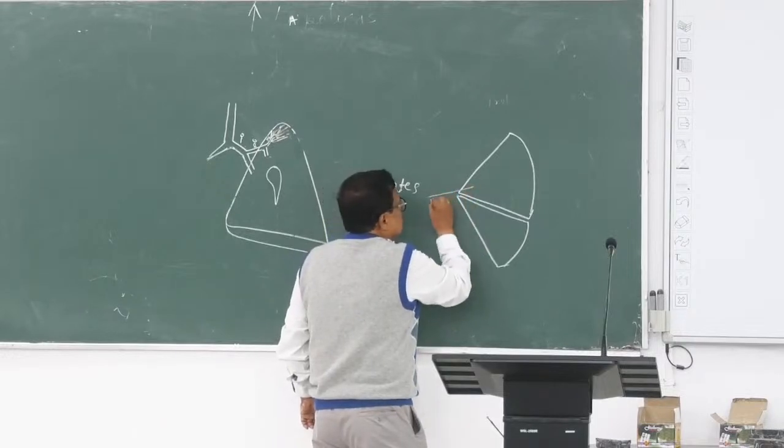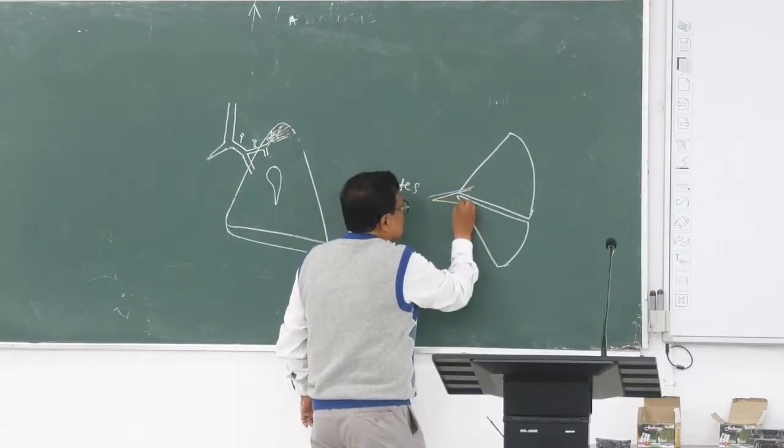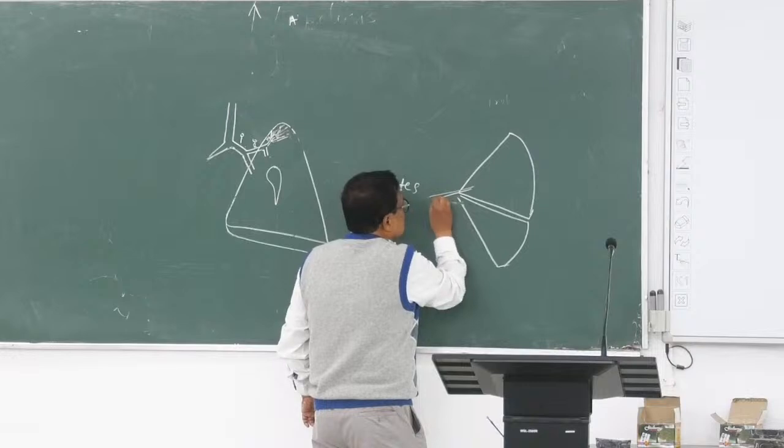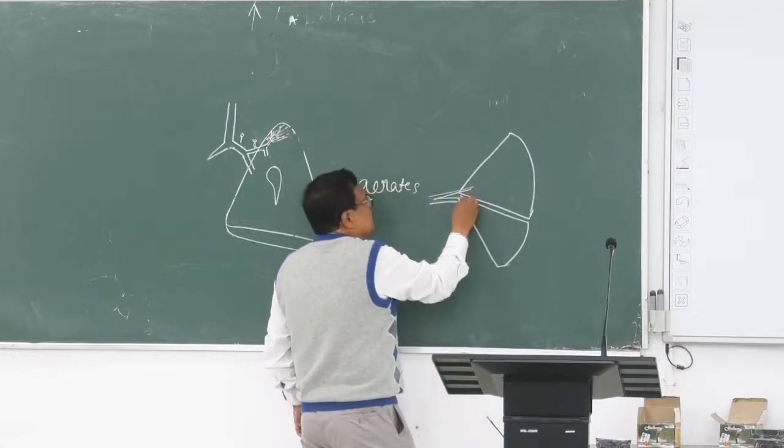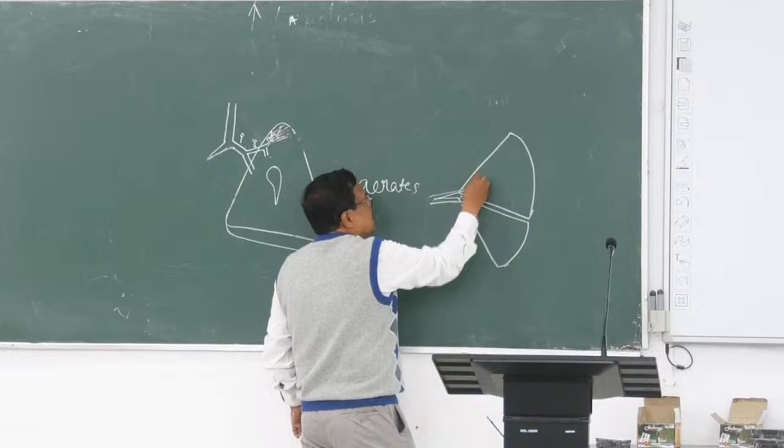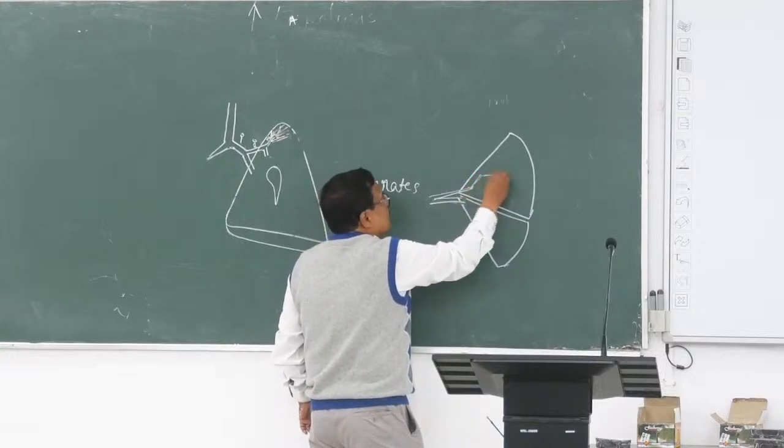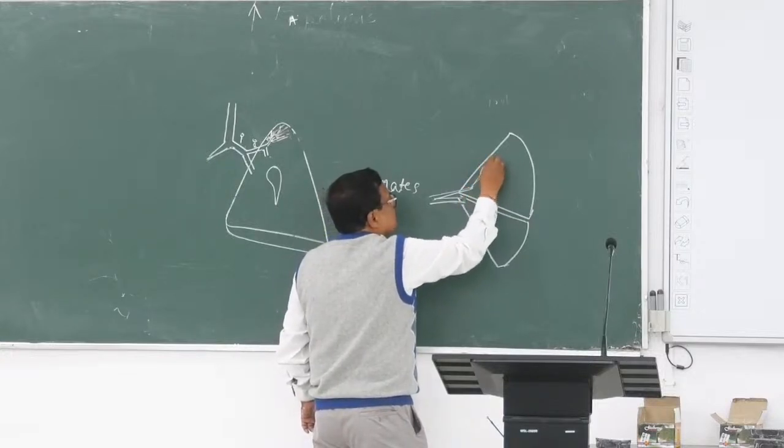So, it is one tertiary bronchus, it is one tertiary bronchus. And each tertiary bronchus then divides into number of branches.